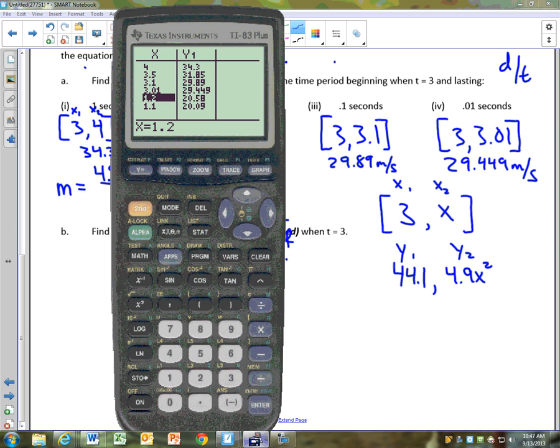Okay, so that's a good point: is 3.01 enough? If you try 3.0001, it drops to 29.4. I still got 29.4.